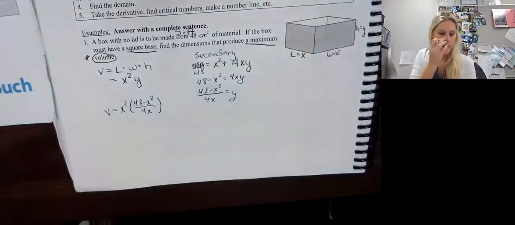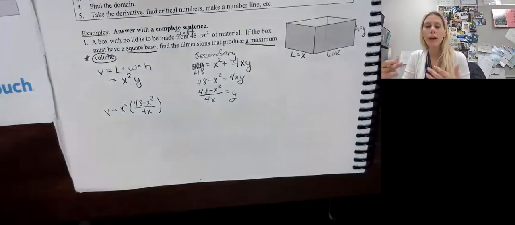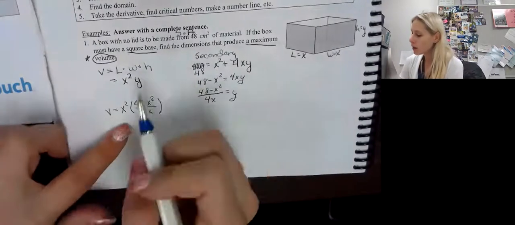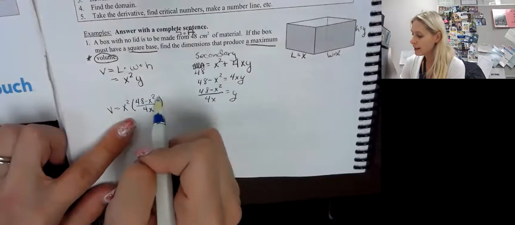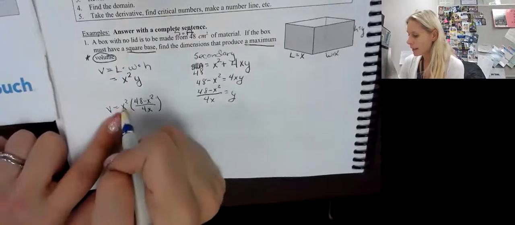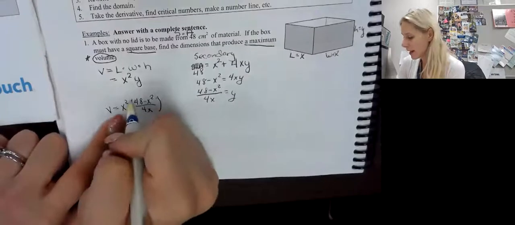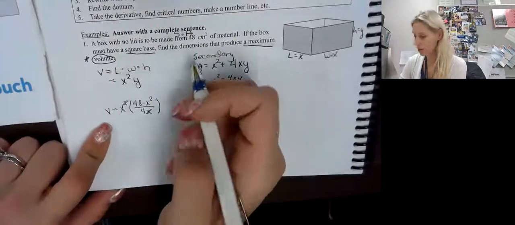Okay. Now I'm going to make this look a little bit better, so that when I take the derivative, it's not all messed up. Remember, always simplify as much as you can before you take your derivative. Okay, so I'm going to break this 4x into both of these, and then, oh, better idea. X squared and 4x down here, what happens? We can cancel out an x. We can distribute that through.